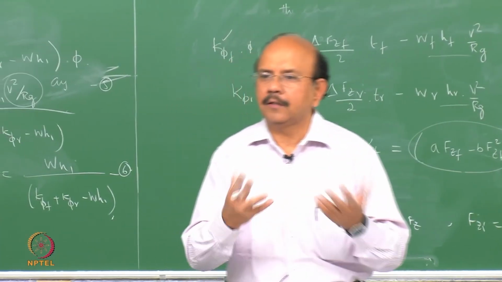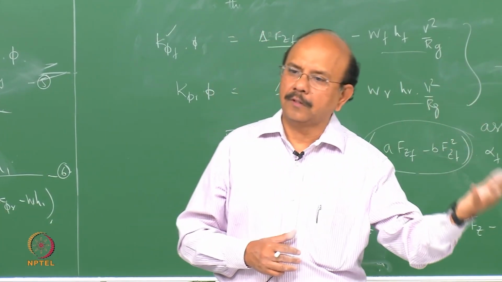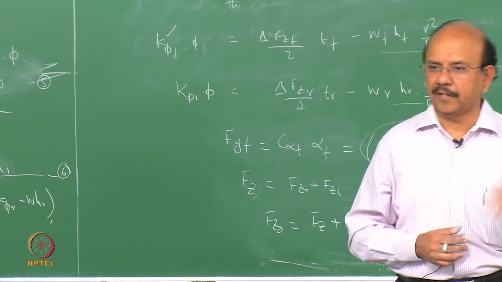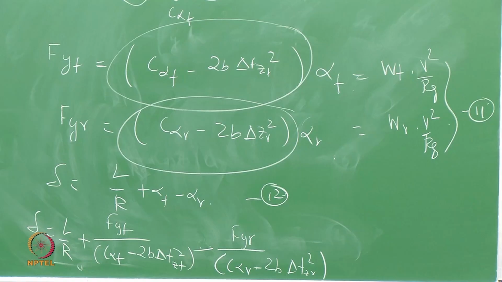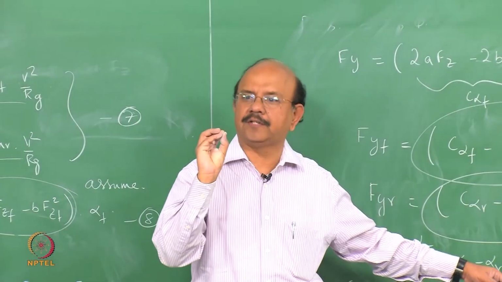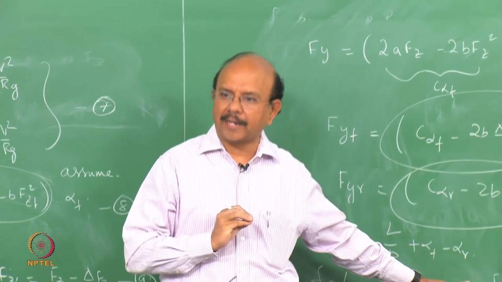So in actual practice, if you want to really design a car, then you would take up commercial softwares that are available like CarSim or Adams, in order to understand actually how this happens. The whole idea here is only to illustrate in simple terms what happens.